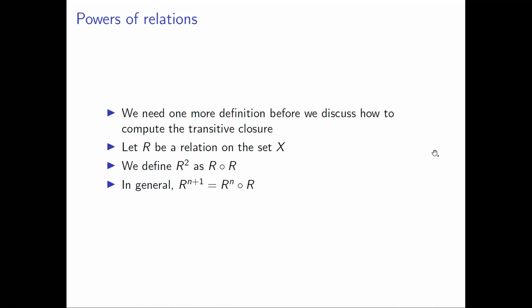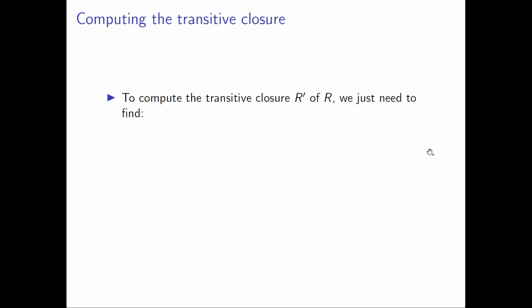And with these powers of relations, this gives us a real simple way to find the transitive closure of any relation. We just find the union of all of the powers. And as we'll see, the powers get small very fast.